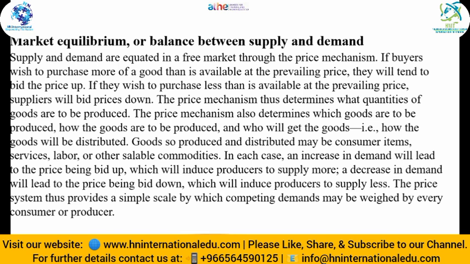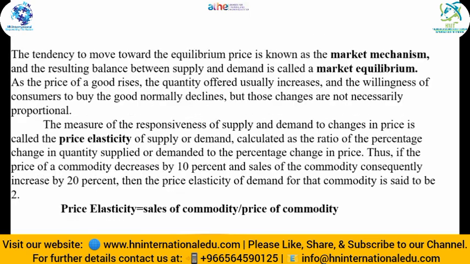This price mechanism also determines which goods should be produced, how much quantity should be produced, how they should be produced, who will be the distributors of the products, and how they will be distributed. So the price mechanism is very important in deciding the price of the product, and this is known as market equilibrium as well.